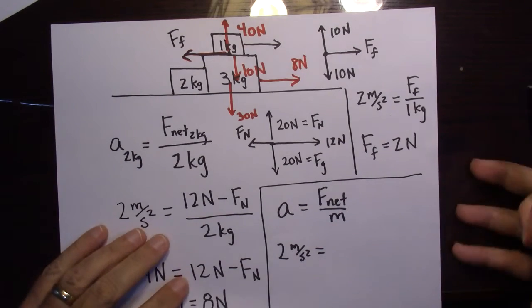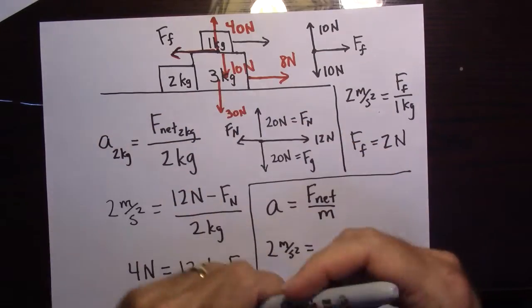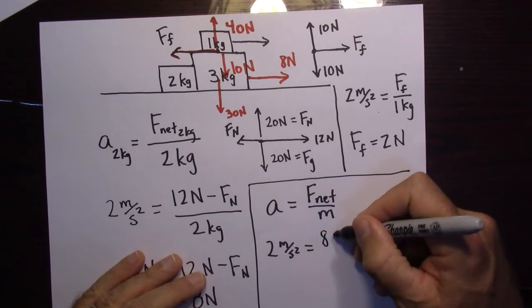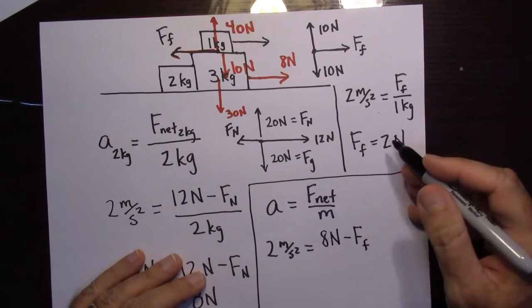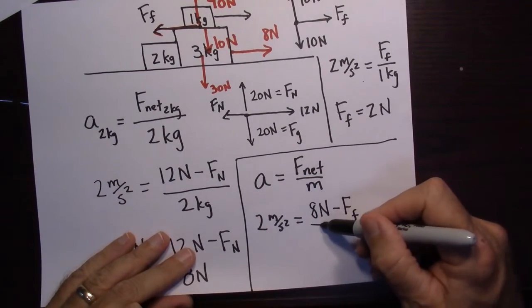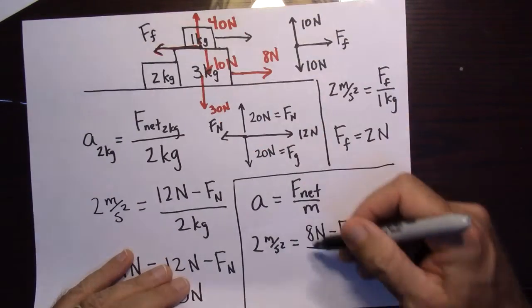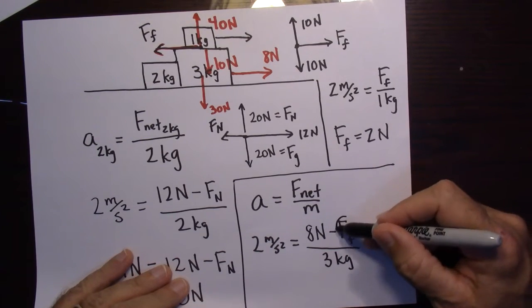The point of this video is to show you that if you just look at that one and look at all the forces, we're going to have 8 newtons to the right minus the force of friction. We know that's 2 newtons, but let's assume we don't know it's 2 newtons. Divide it by the system that I've chosen, the 3 kilogram one. Now let me solve for the force of friction.